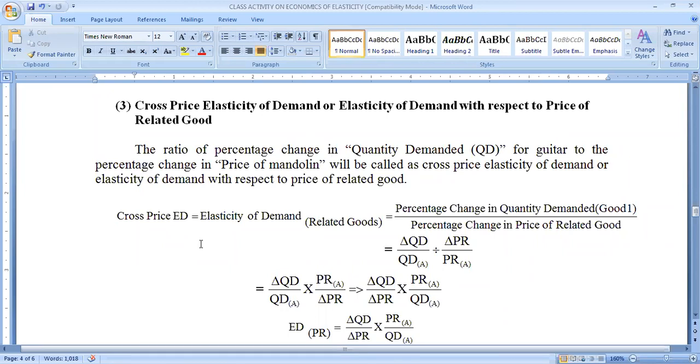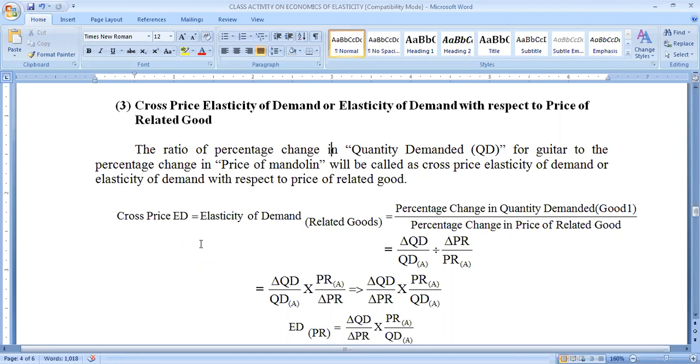So in this case, we are using the concept of cross price elasticity of demand. The ratio of percentage change in quantity demanded for guitar to the percentage change in price of mandolin will be called cross price elasticity of demand, or elasticity of demand with respect to price of related good.